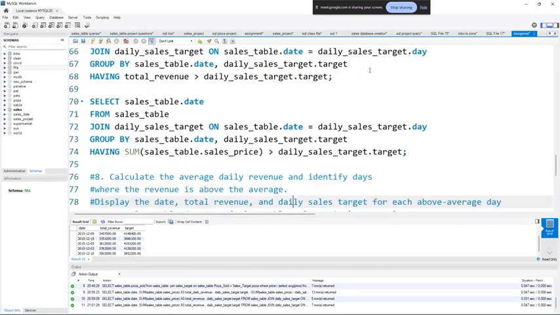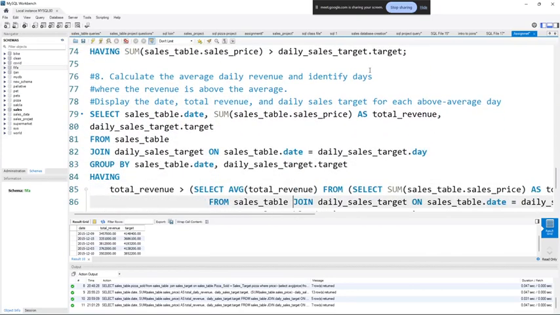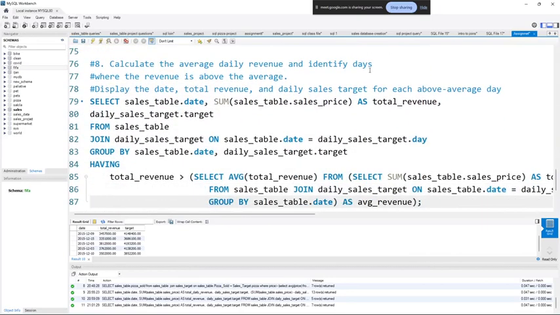Calculate the average daily revenue. That is, on average, how much am I making per day?